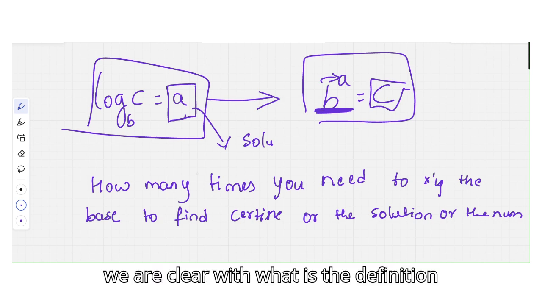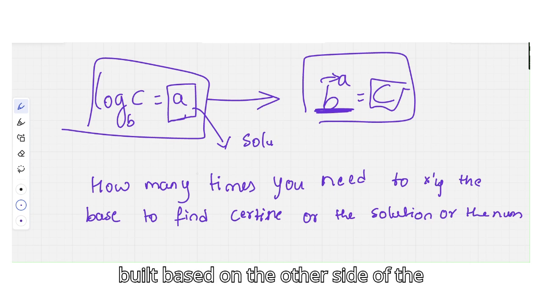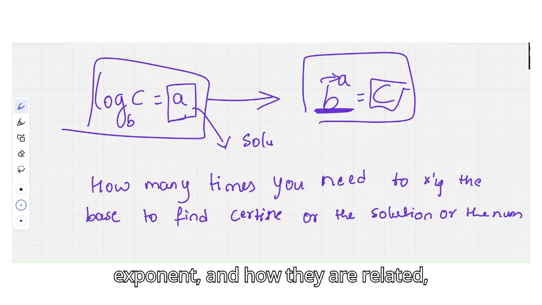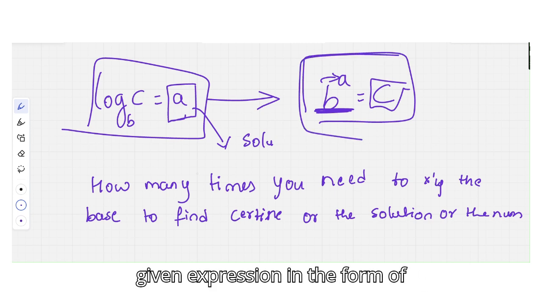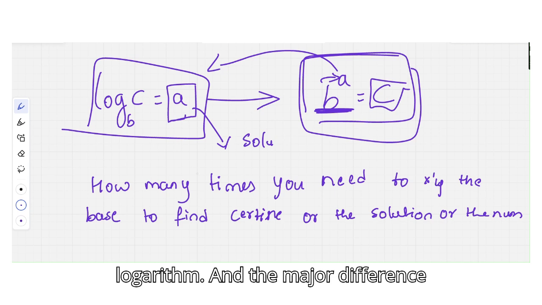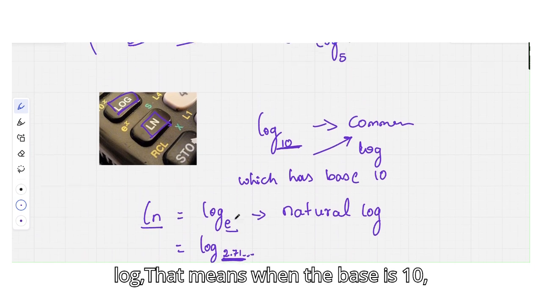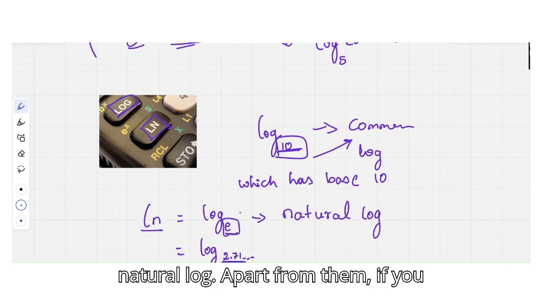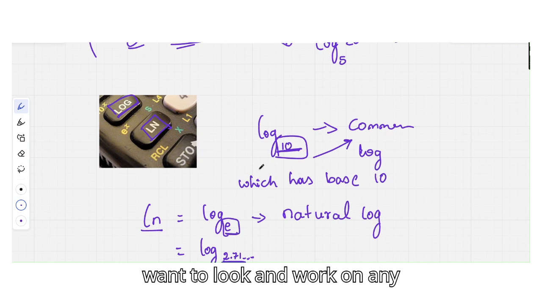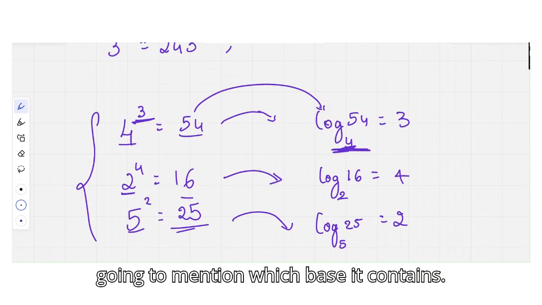So we are clear with the definition of logarithm, how it is built based on the other side of the exponents, how they are related, and how we can represent any given expression in the form of a logarithm. The major difference is between log, the common log, when the base is 10, and, obviously, when the base is e, the natural log. Apart from them, if you work on any logarithm problems, they will definitely mention which base it contains.